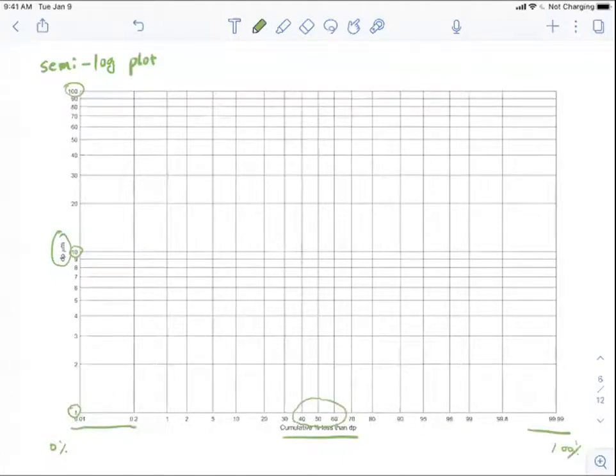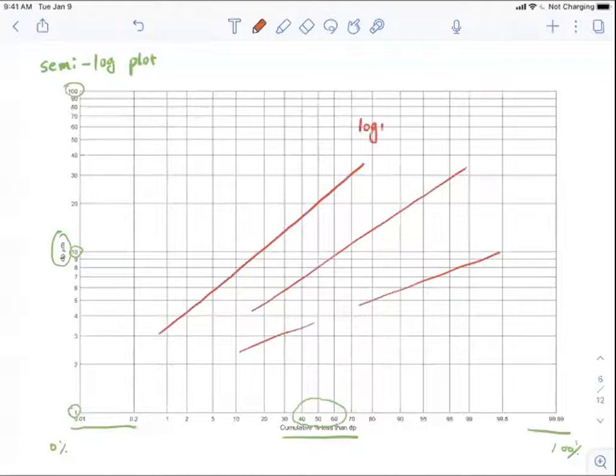So on this semilog plot, if we plot any size distribution and it follows a straight line, then we will say that it follows the log normal size distribution.